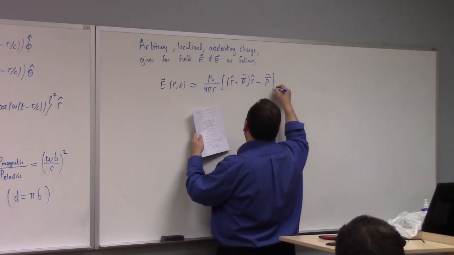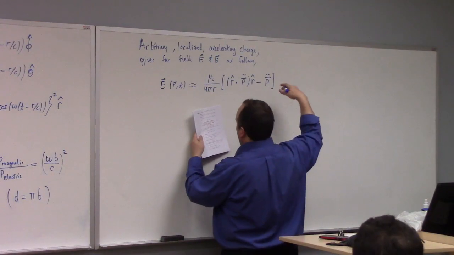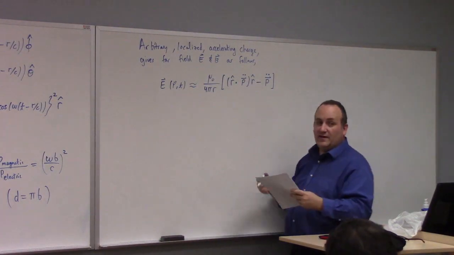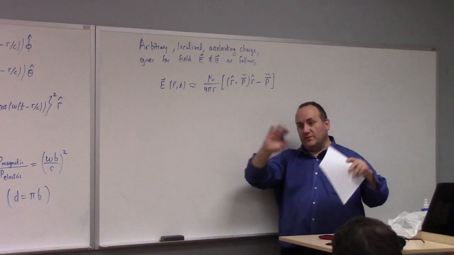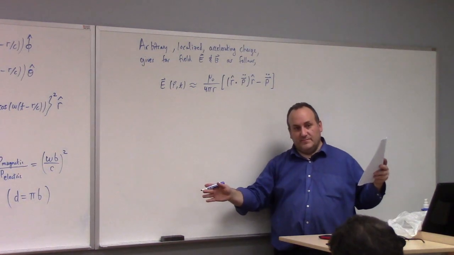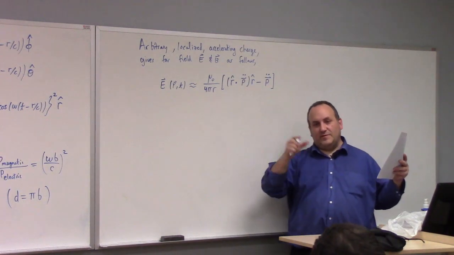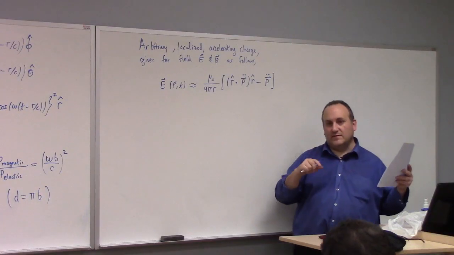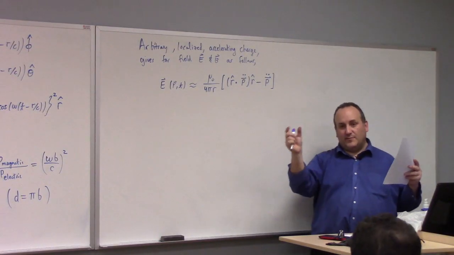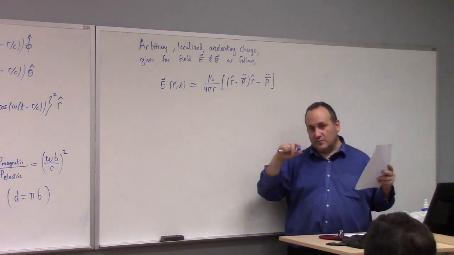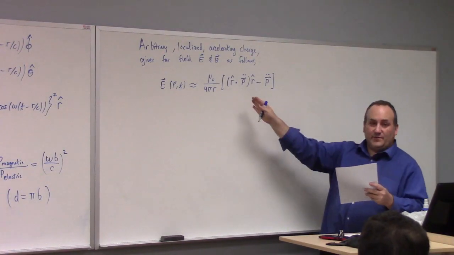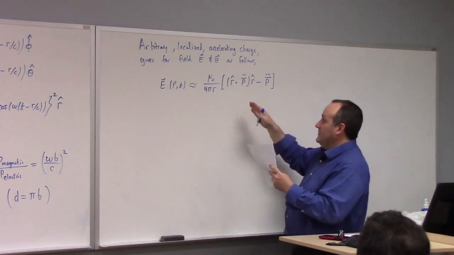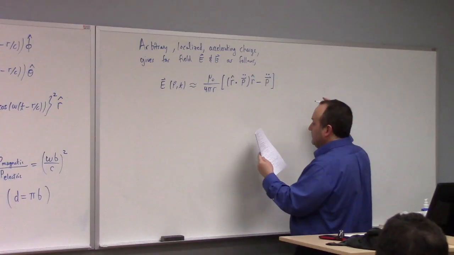P is the dipole moment of the distribution. Remember we defined the dipole moment of a continuous distribution of charge earlier, when we talked about the multipole expansion? It's what we labeled the second thing in the multipole expansion past the Coulomb term. That thing is what we're talking about here, and its derivatives, well, apparently second derivatives.